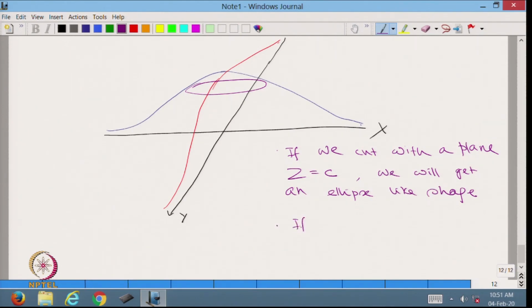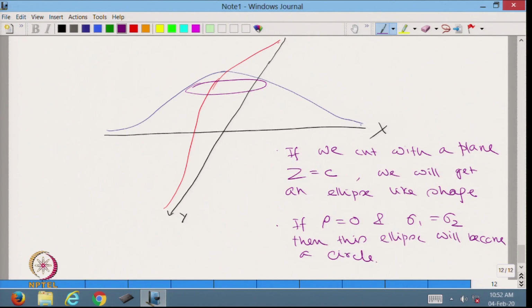Moreover, if rho is equal to 0 and sigma 1 is equal to sigma 2, then this ellipse will become a circle. Hope I could make it clear, because a hat like shape is difficult to draw on a 2D plane, but you can visualize it in a similar way.